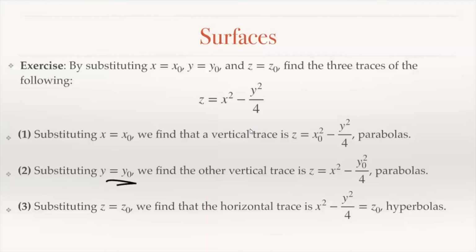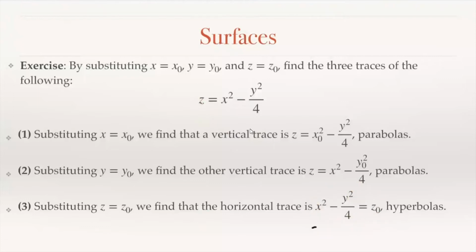When y is constant, which is another one of the vertical traces, the xz plane, and things parallel to it, then it becomes this. Once again, parabolas. That's c equals x squared minus c for c a constant. And when z is constant, then it becomes this. I've just swapped the left and right hand side, same thing.